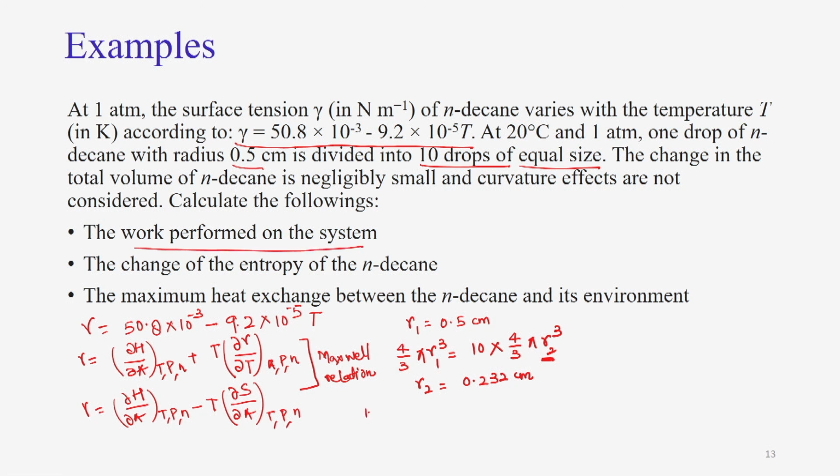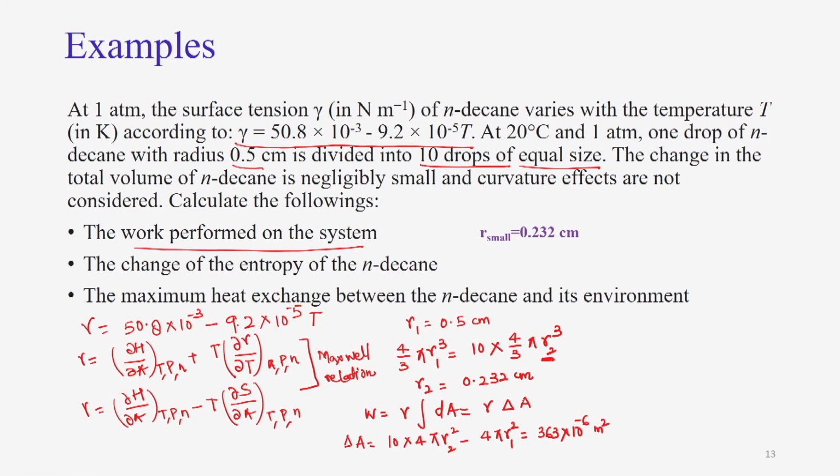It means W equals gamma dA, equals gamma delta A. If you want to calculate the value of delta A, delta A will be the area of 10 new smaller drops, 10 into 4 pi R2 square minus 4 pi R1 square, and this will come out to be 363 into 10 to the power minus 6 meter square.